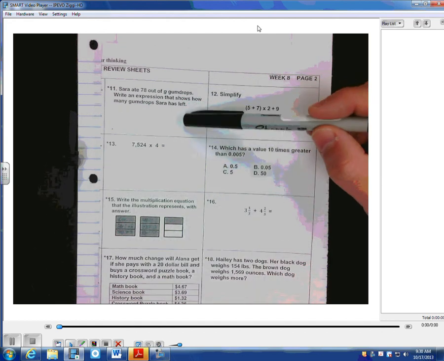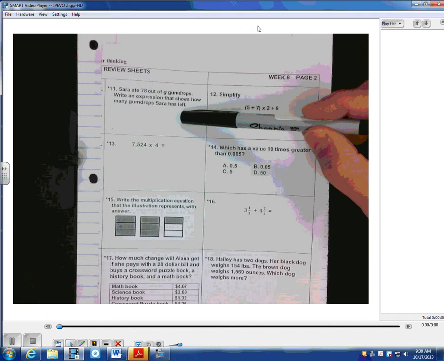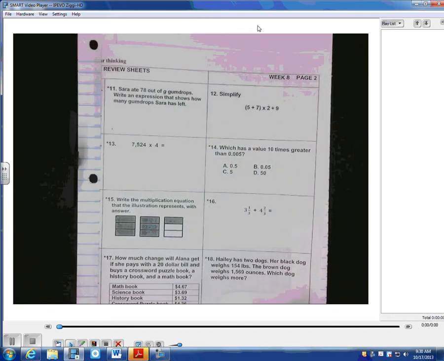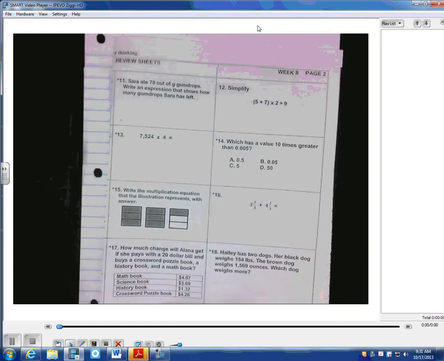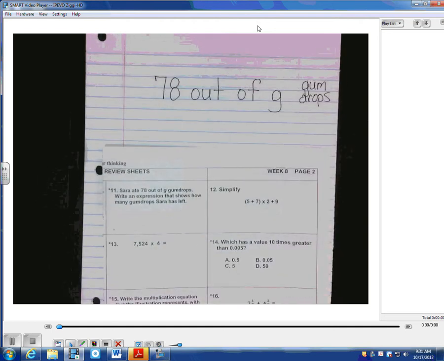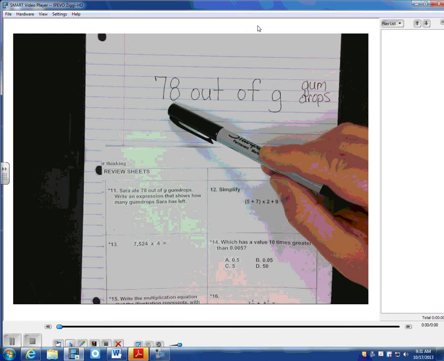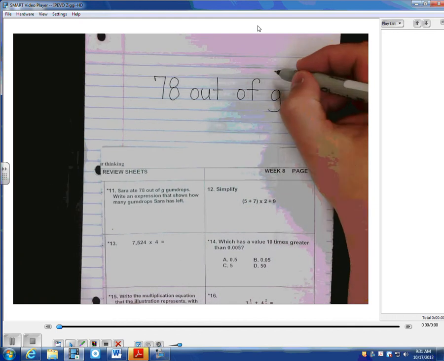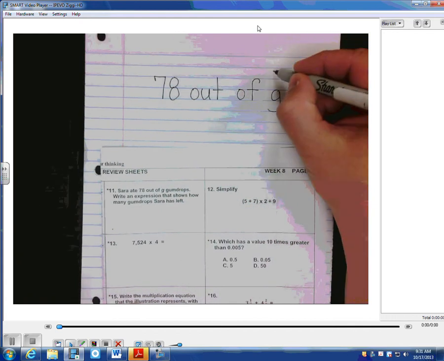Okay, so left is a key word there. When you're doing this, the key thing is, let's look at it right here. She ate 78 out of G gumdrops. So again, just for the purpose of this, I'm going to make this number up. I'm going to say 100.